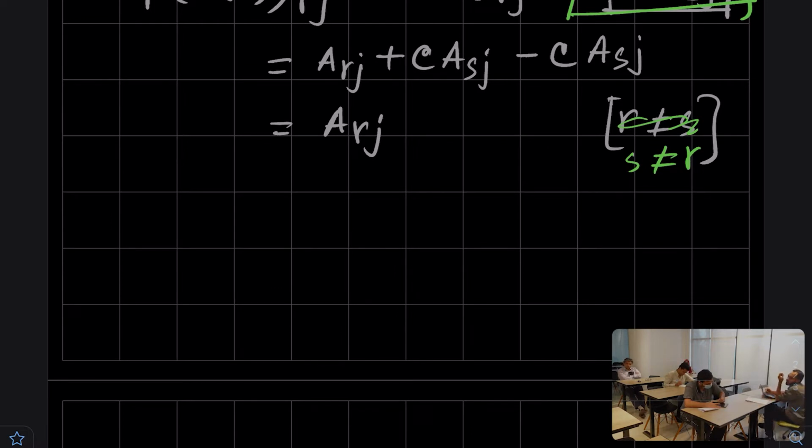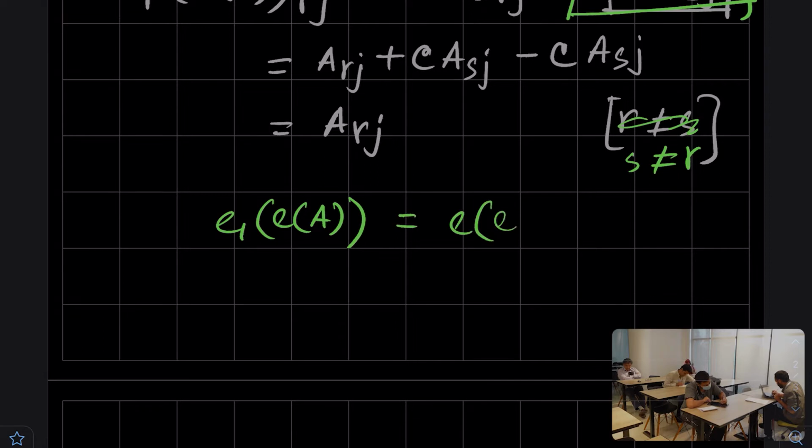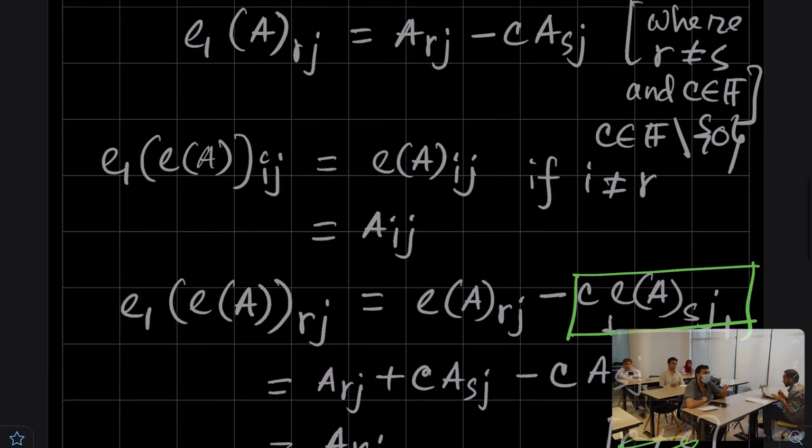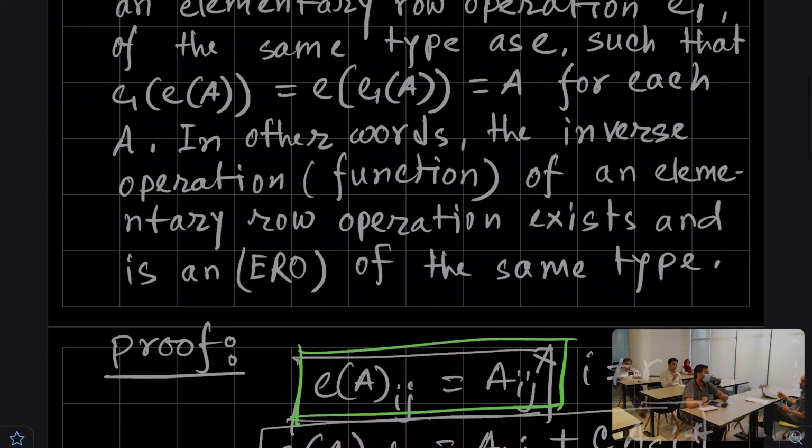So that means for every elementary row operation, there is an inverse elementary row operation such that E1 of E of A is equal to A. So this is E1 of E of A, which is E of E1 of A, equal to A. So this was the statement of the converse of left side.